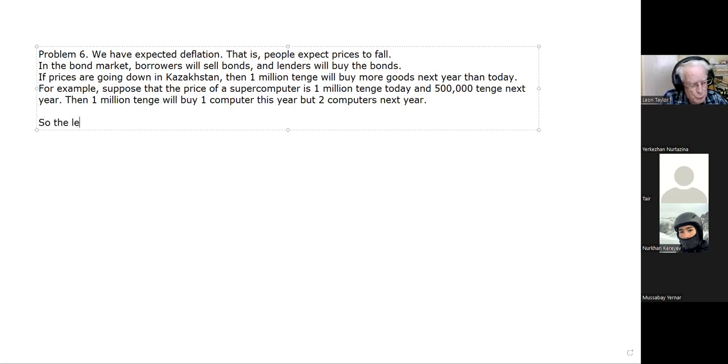So the lender would be happy to lend up to 1 million tenge today in exchange for getting the 1 million tenge back next year.